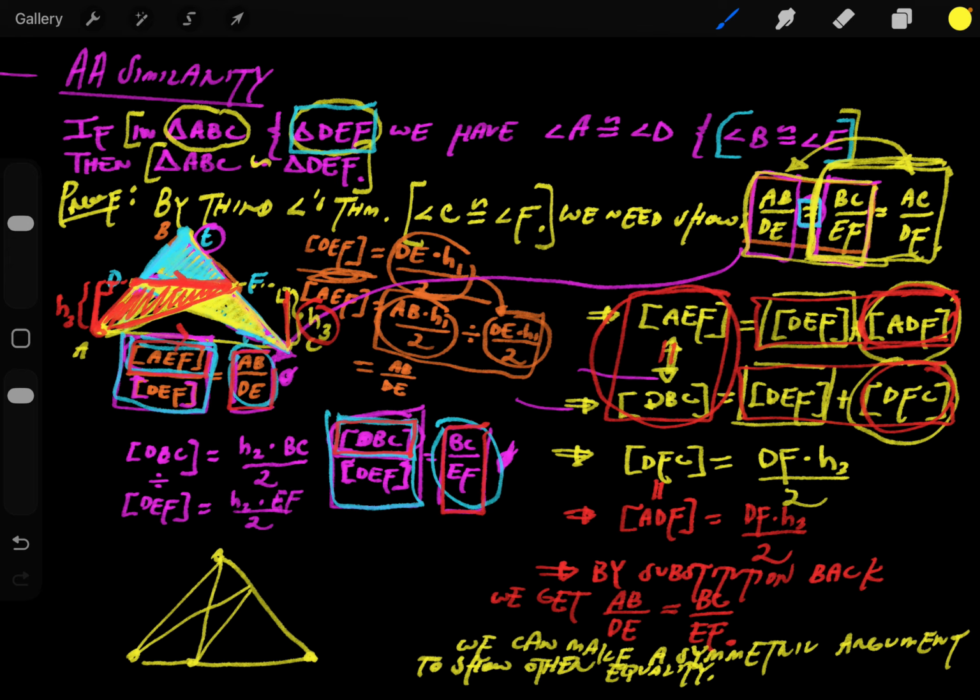And then to show the other equality, and have that this is true, and have that AB over DE equals the one we showed, BC over EF, is equal to AC over DF. And we will have shown that the sides are in proportion, which means that we've shown the angles are congruent and the sides are in proportion. Triangle ABC is similar to triangle DEF. And now you're done.